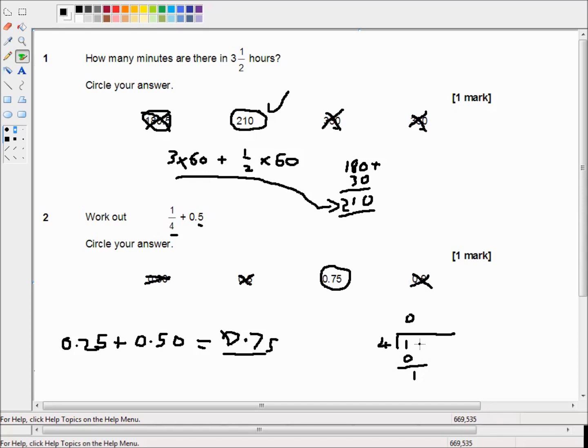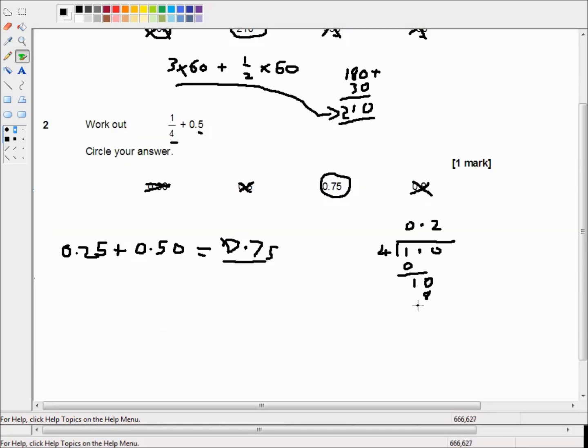Put your decimal point in, put in another 0, bring down the 0. 4 into 10 goes 2 times. 2 times 4 is 8. Take that away, that leaves 2. Put in another 0 and bring that down. 4 into 20 goes 5 times. 5 times 4 is 20. Take that away, there's no remainder, so there's no need to do anything, so the answer is 0.25.